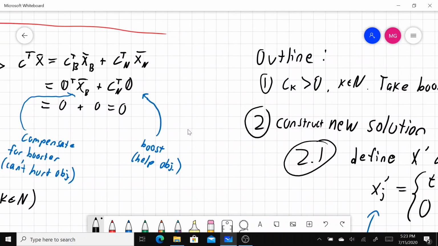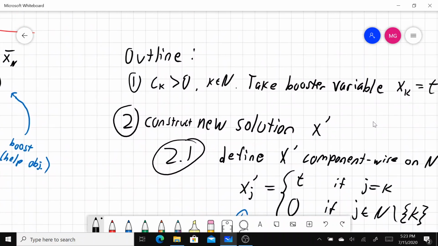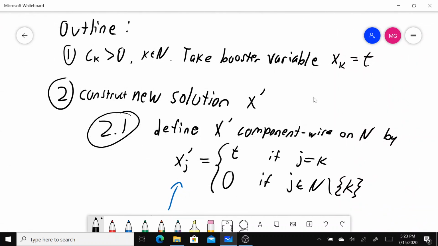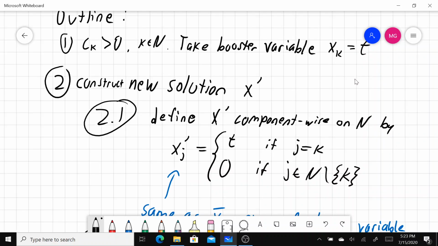So let me just give you the outline real quick, and this is also just a very quick recap of how it worked in the specific case of that example from the previous videos. You start with this c_k that's positive, so you have to find that, and then take the associated booster variable x_k, and you call that t, just to indicate that it's the special variable that we're concerned with.